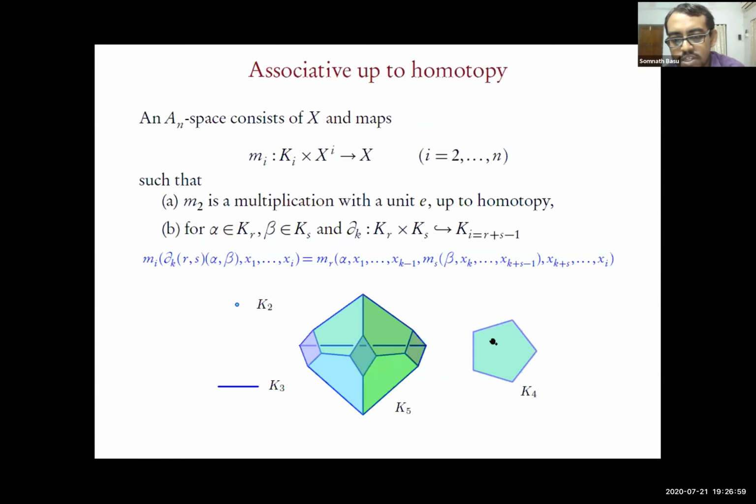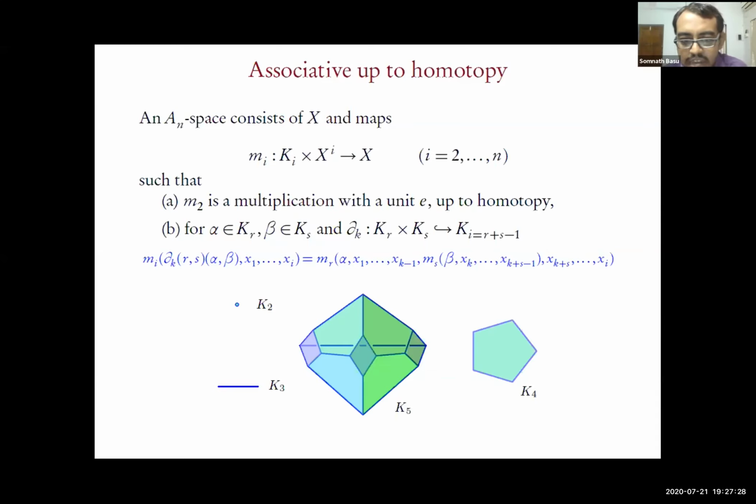A K2 cross K4 is nothing but a pentagon. A K4 cross K2 is also nothing but a pentagon. And a K3 cross K3 is exactly a diamond because K3 is an interval. So you see 3 diamonds as the faces and 6 pentagons as the faces. If you go back and think about it, this is exactly a compatibility condition, saying that the Mi's are not independent. The Mi's restricted to the boundary should be defined in terms of the previous Mi's in the appropriate sense.